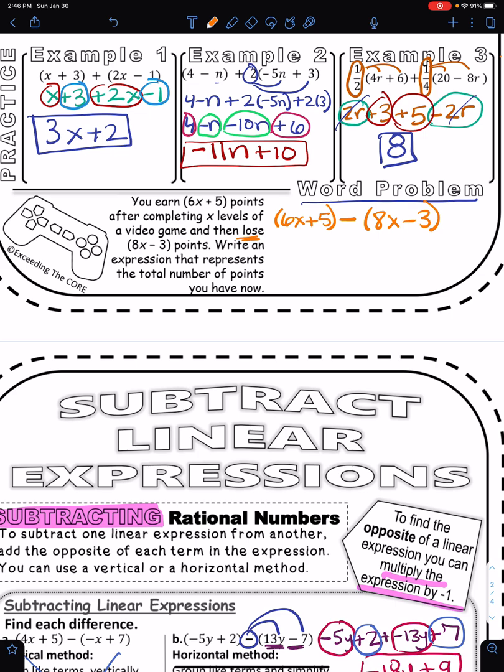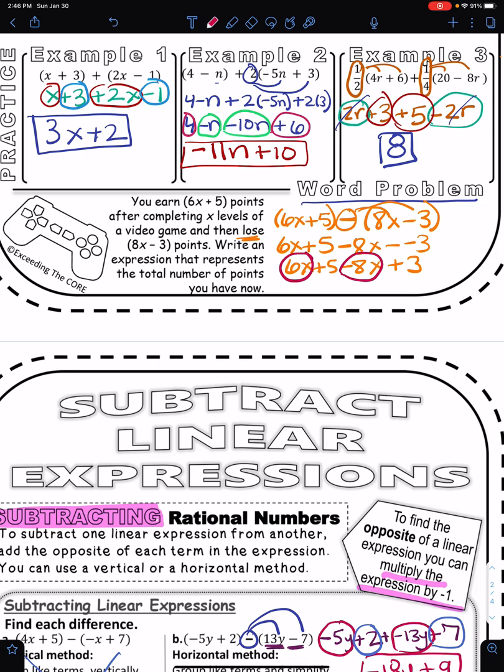Write an expression that shows how many points you have now. So I'm going to take that first expression, and I'm going to subtract both terms in the second expression. I'm going to subtract positive 8x, and I'm going to subtract negative 3. I'm going to write that last part as adding 3.